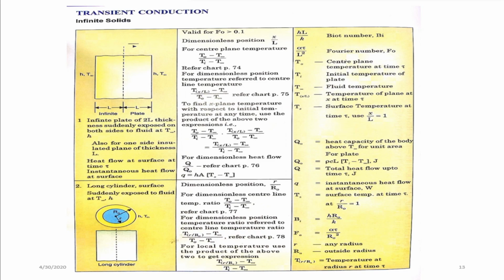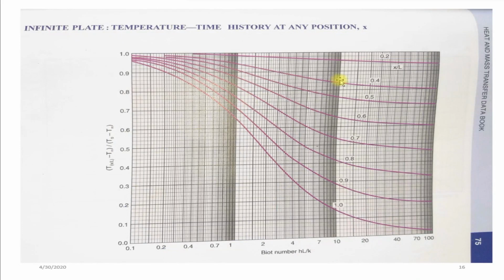So now you see, if you know the x by L value and the Biot number, you can find out this y-axis. In this problem we know the x by L value, x is 15 mm and L is 2L by 2, it is L. So with this value we can find out this y-axis value.